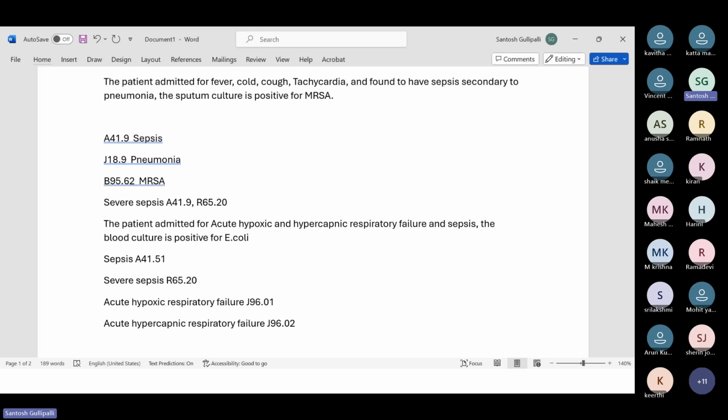The blood culture is positive for E. coli. Can you consider this as severe sepsis? No, sir, we do not consider it severe sepsis. Why not? The physician should specify.